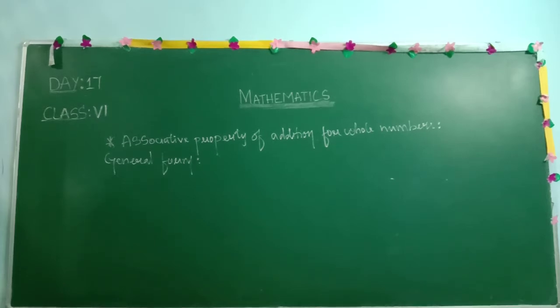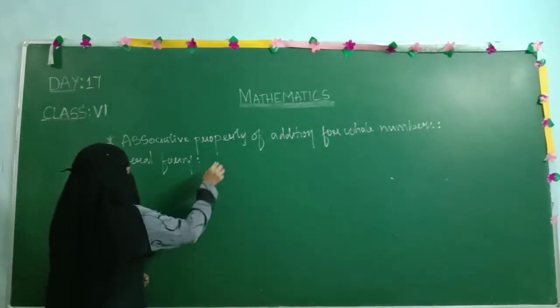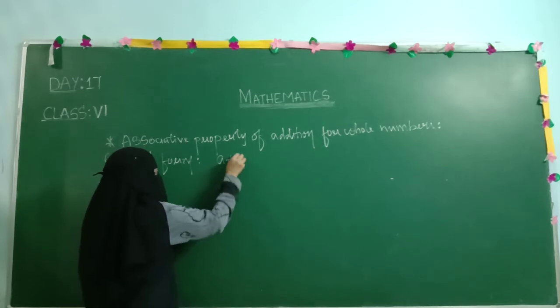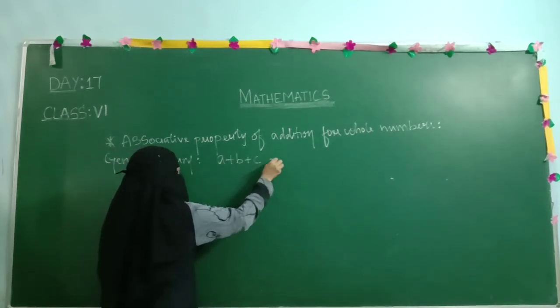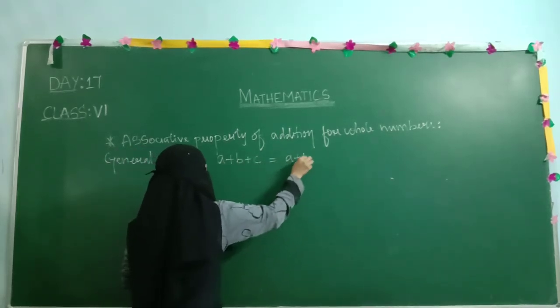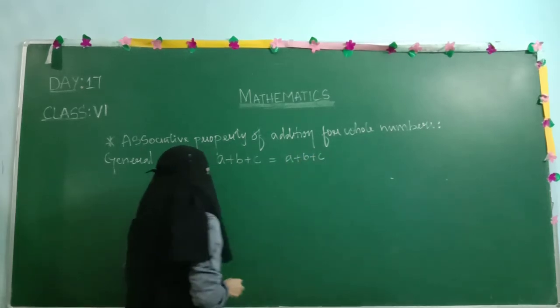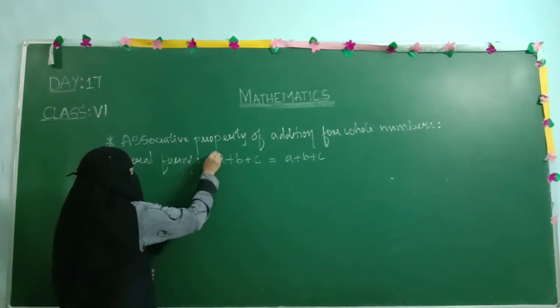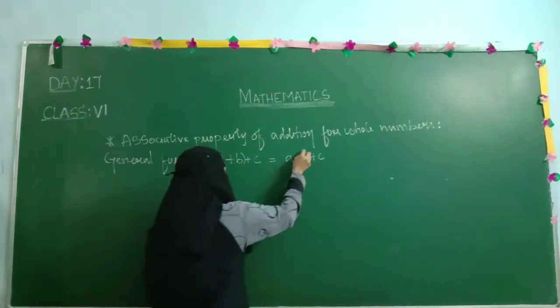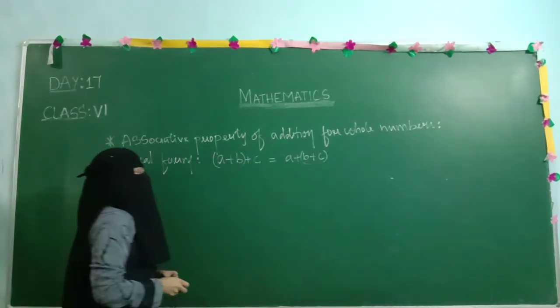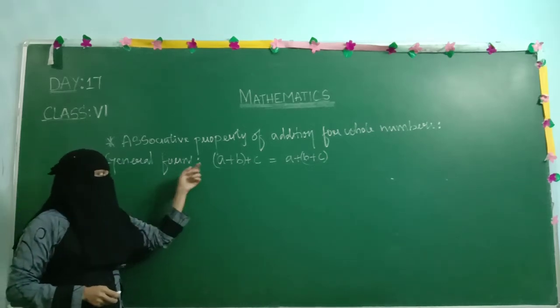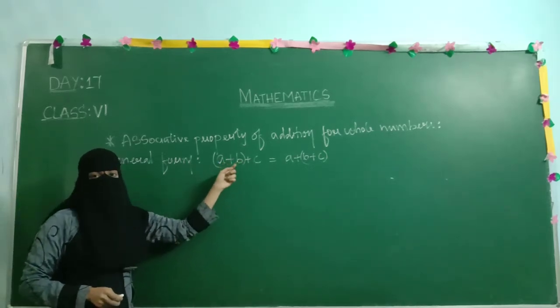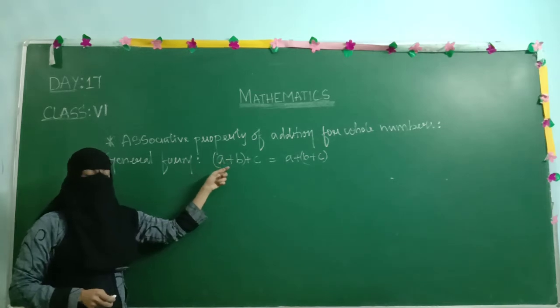As we are doing for addition, now we are going to write like this, the easiest way: a plus b plus c equals, here also you need to write a plus b plus c. Then what is the difference on both sides? We need to give the bracket to the first two terms, and here we have to give the bracket to the last two terms. So how to read this? a plus b, the bracket, we read it as of.